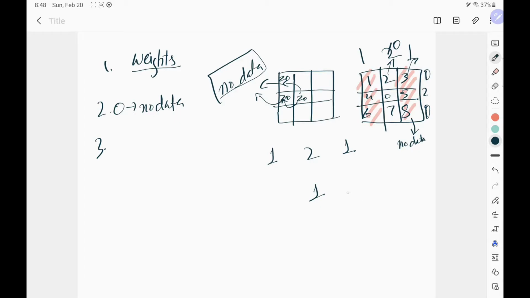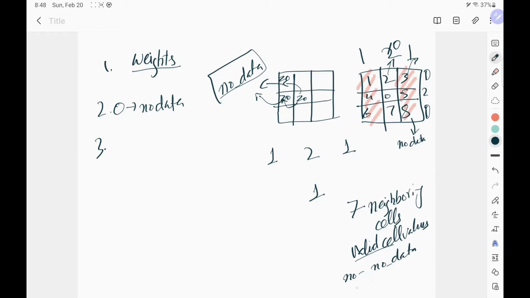Because you need to have at least 7 neighboring cells which should have valid cell values. Valid cell value means that it should not have no data. There should be no null values in those cells.